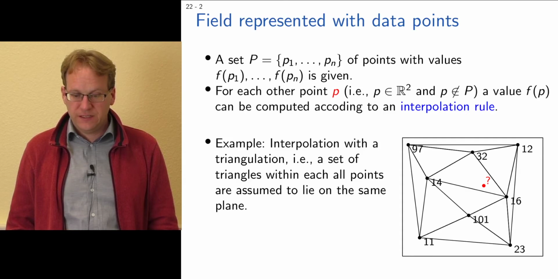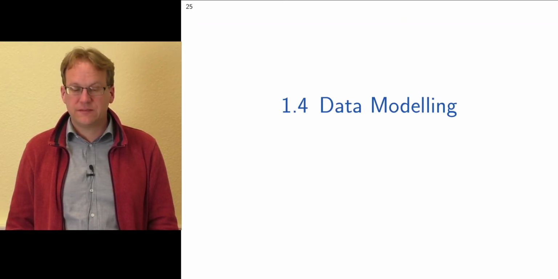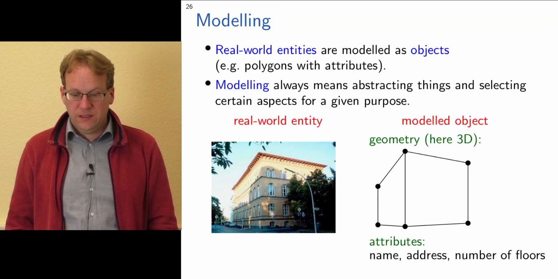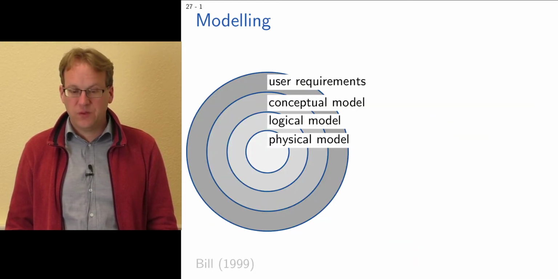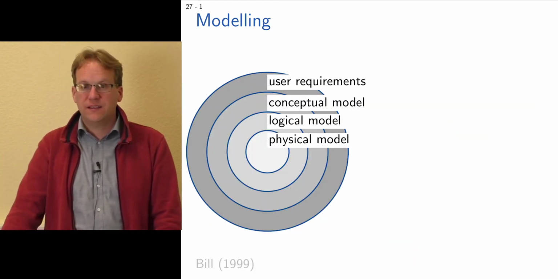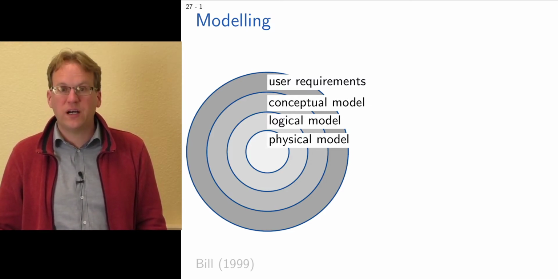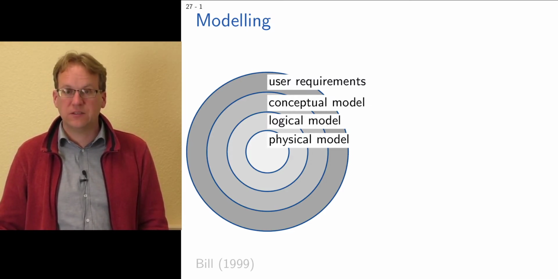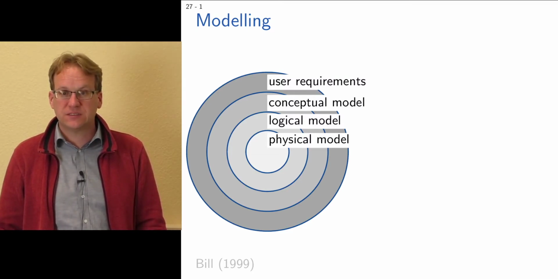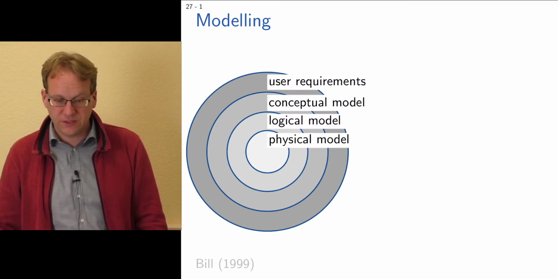Well, and then finally we ended up with data modeling in terms of objects, where we then had this stepwise process going from, well, rather abstract towards more concrete models.